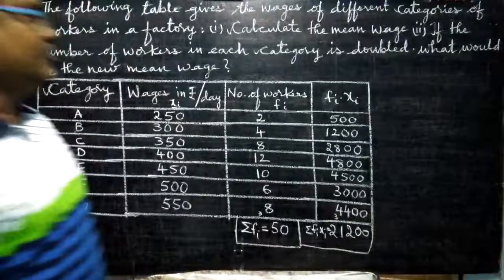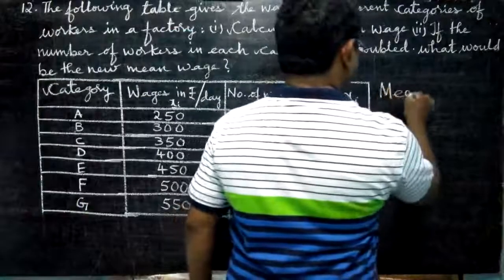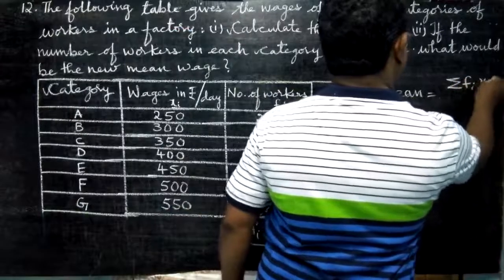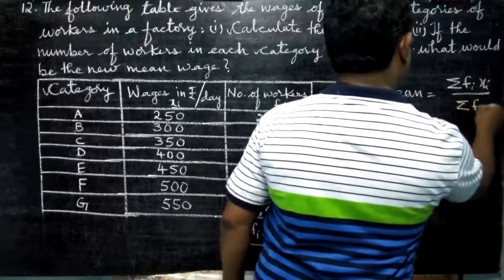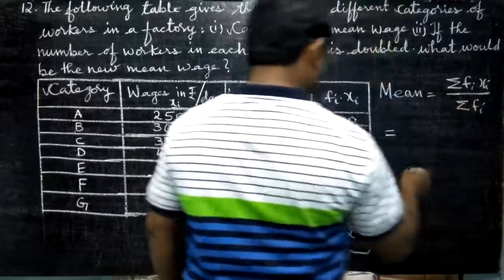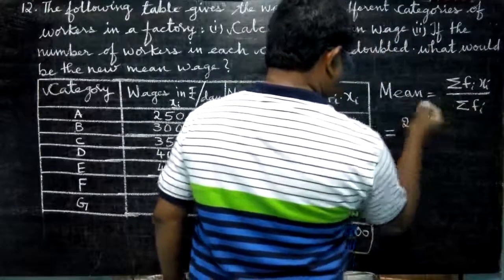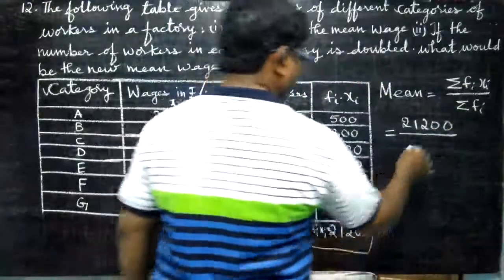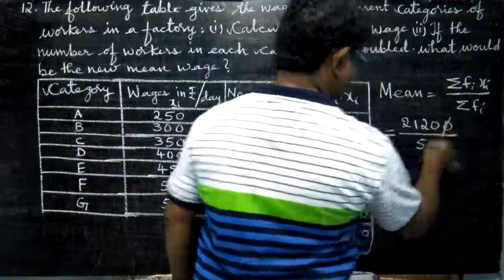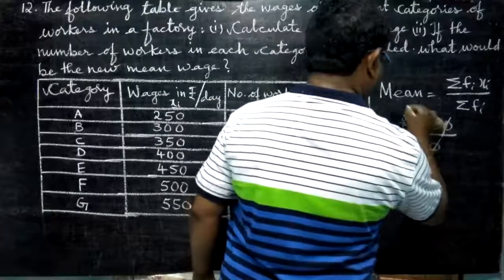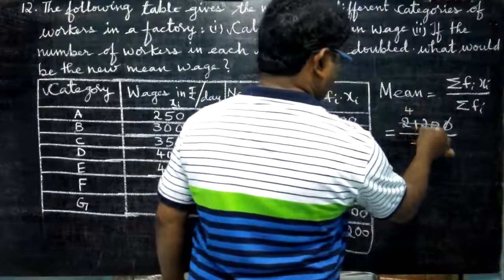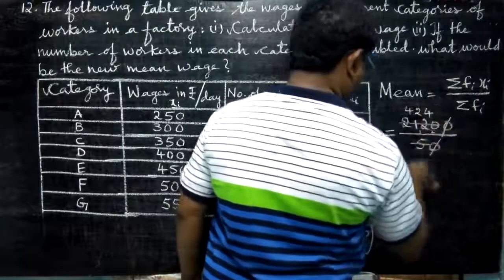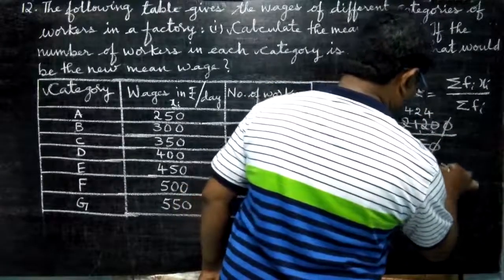Now come to the formula. What is the formula? Mean is equal to sigma Fi xi by sigma Fi, that is equal to 21,200 by 50. 0 0 get cancelled. 5 table. 5 4s are 20, 1 remaining, 12. 5 2s are 10, again 2 remaining. 5 4s are 20, so rupees 424.